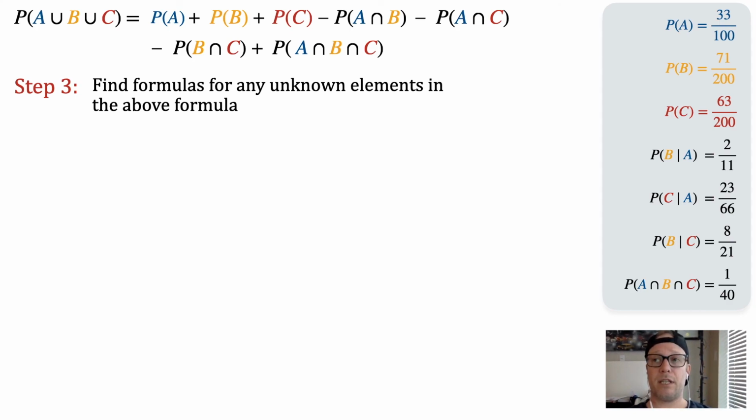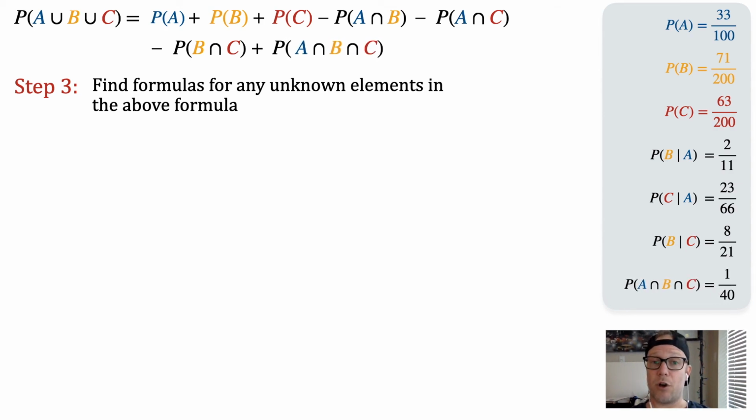The probability of A is 33 over 100, the probability of B is 71 over 200, the probability of C is 63 over 200, and the last piece, the probability of A and B and C, is equal to 1 over 40.